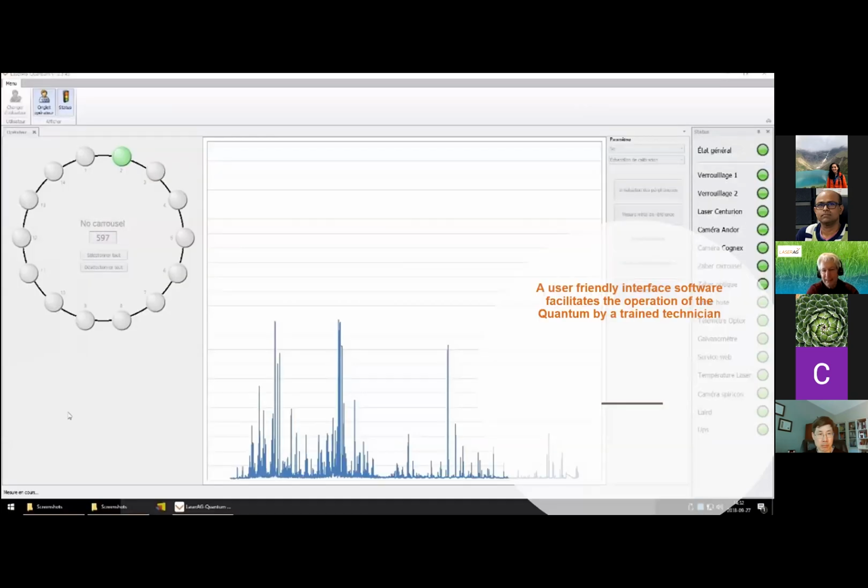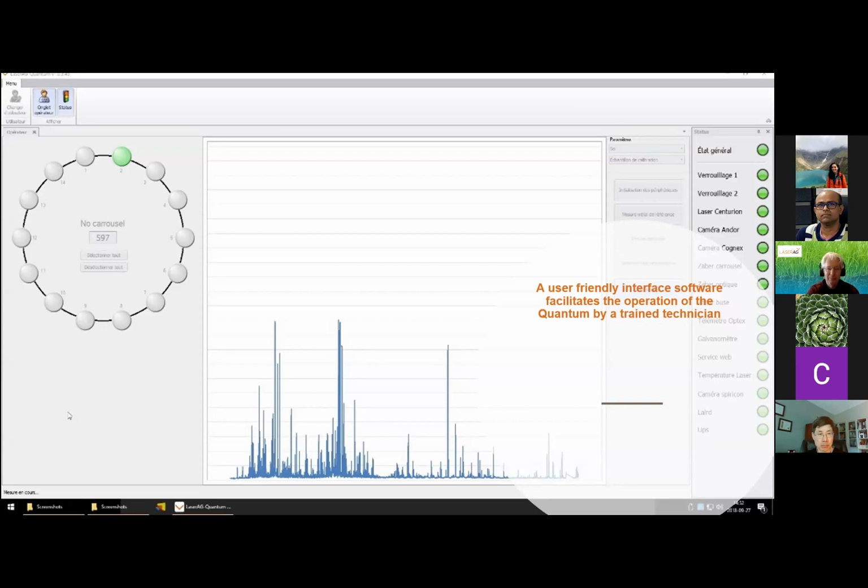This is a spectral image; the instrument captures a spectral image. You have the wavelength on this axis. Christian will explain more how the technology works, but basically we intercept photons that are excited because of the high temperature. We measure wavelength, so the x-axis here is the wavelength, and the y-axis is the intensity.